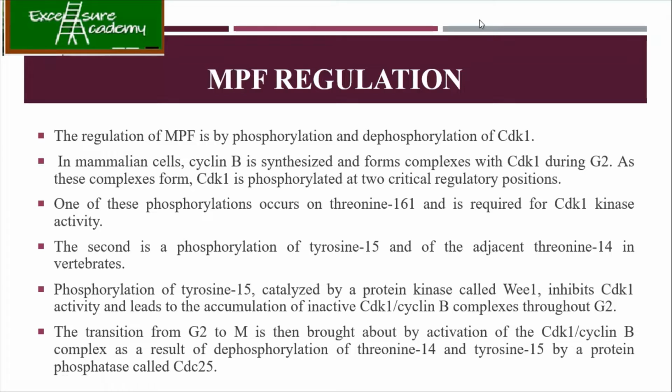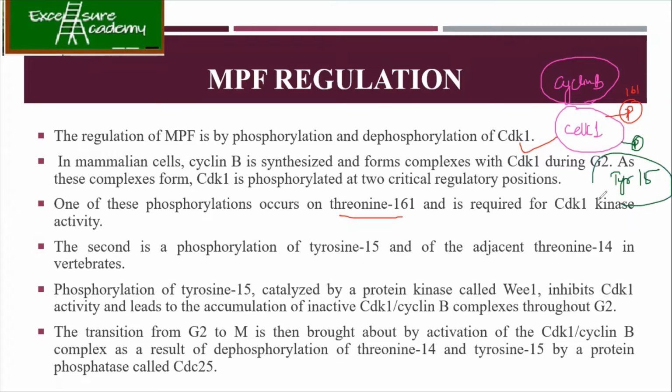I just hope that you guys don't get confused. Just now we talked about cyclin B and mentioned the CDK1 activity. If phosphorylated at threonine 161, it is active. Now, if phosphorylated at tyrosine 15, which is done by Wee1, another protein kinase, this is inactive.